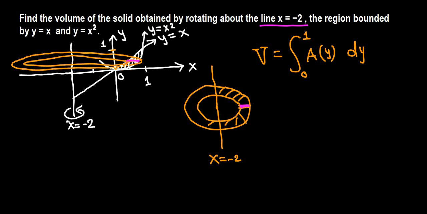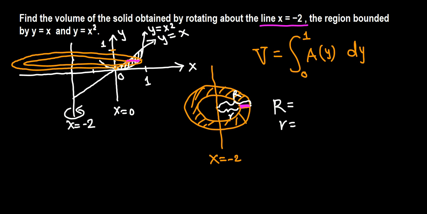To find the area of this washer, we need to know the outer radius and inner radius. The outer radius, from here all the way to here, is capital R, and the inner radius is lowercase r. The outer radius goes from -2 to 0, since the y axis is the same as x equals 0.